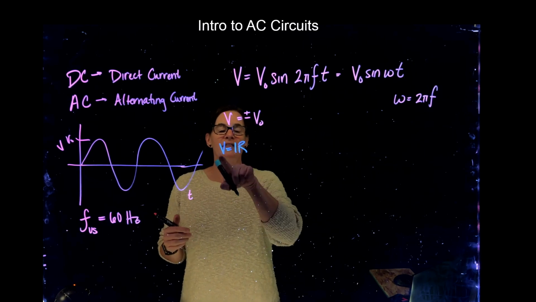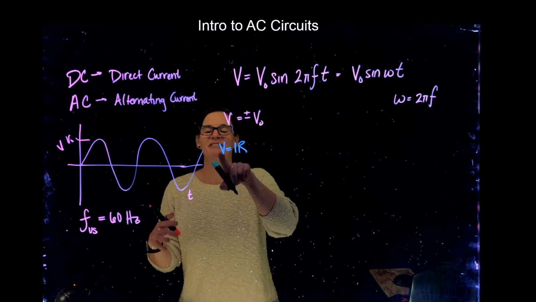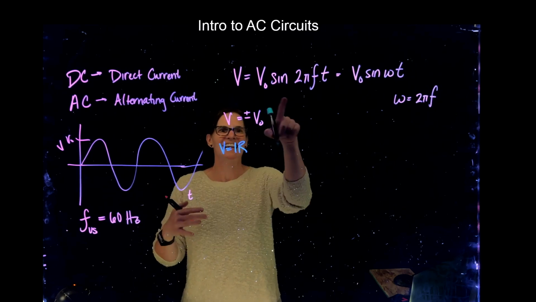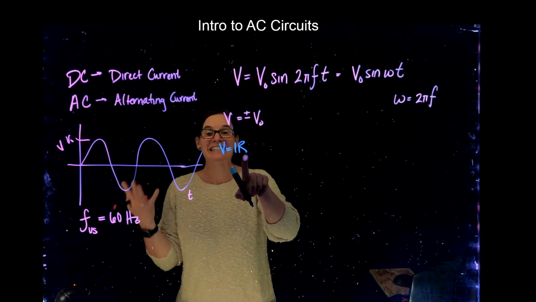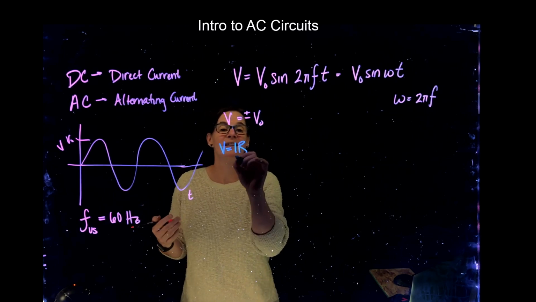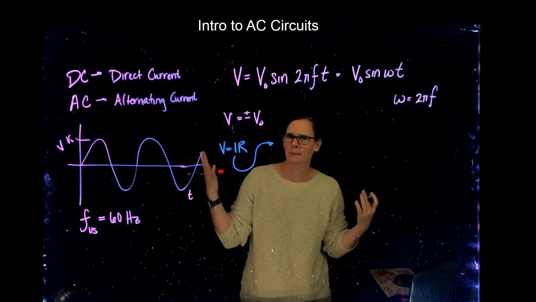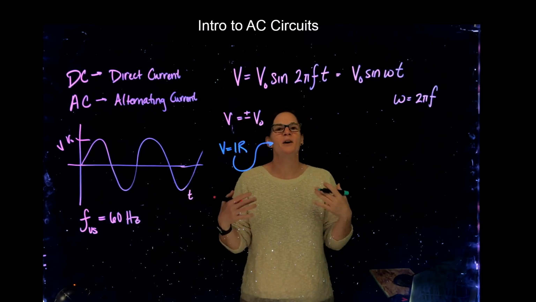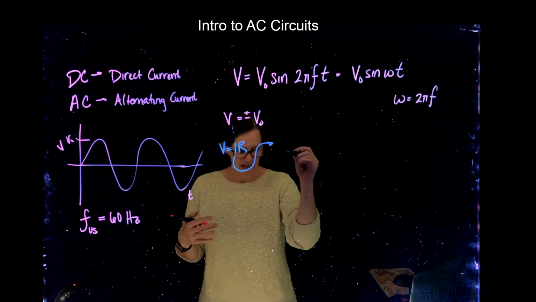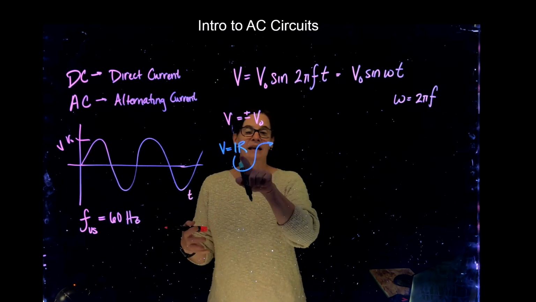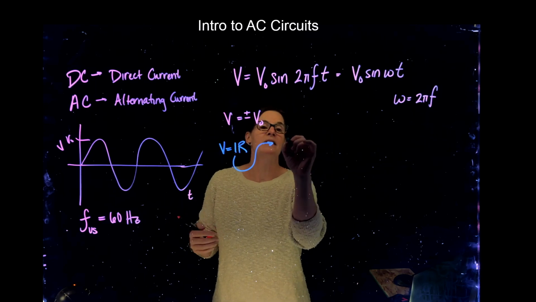So if the voltage is oscillating, but resistance is a property of the device, that means that the current, you probably clued into that, the current is also oscillating. And it oscillates in the same way as the voltage.